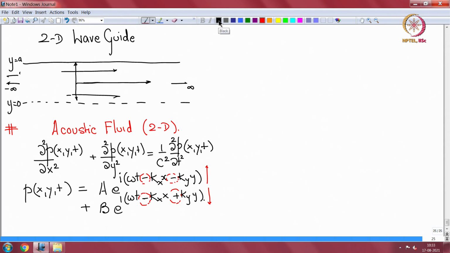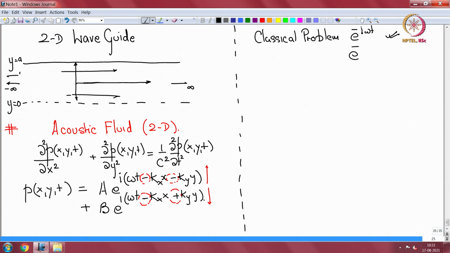Okay, and one more statement I should make is that in the classical problem that we did, I used the e to the power of minus i omega t convention. Okay. So approximately half the world uses this negative i omega t convention and the other half uses the plus i omega t convention.